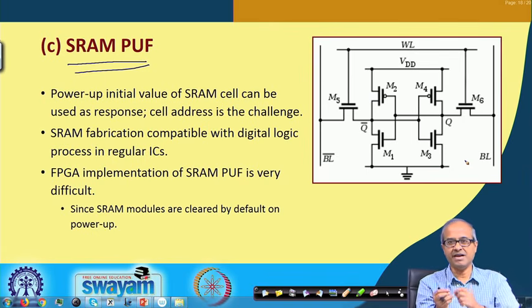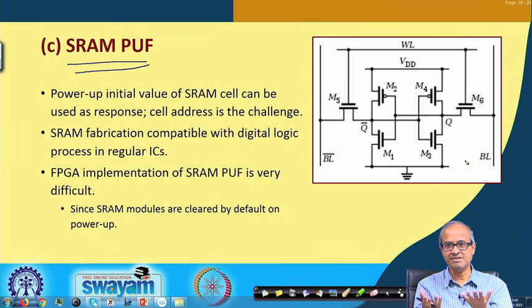Now, the idea is that when you switch on power to a chip, suppose there is such a memory cell, initially the memory cell can start with an initial value of 0 or a 1, but you do not know which. It will be either 0 or 1 depending on the manufacturing, which transistor is faster, which one will be switching first. That way the output will be either set to 0 or 1.